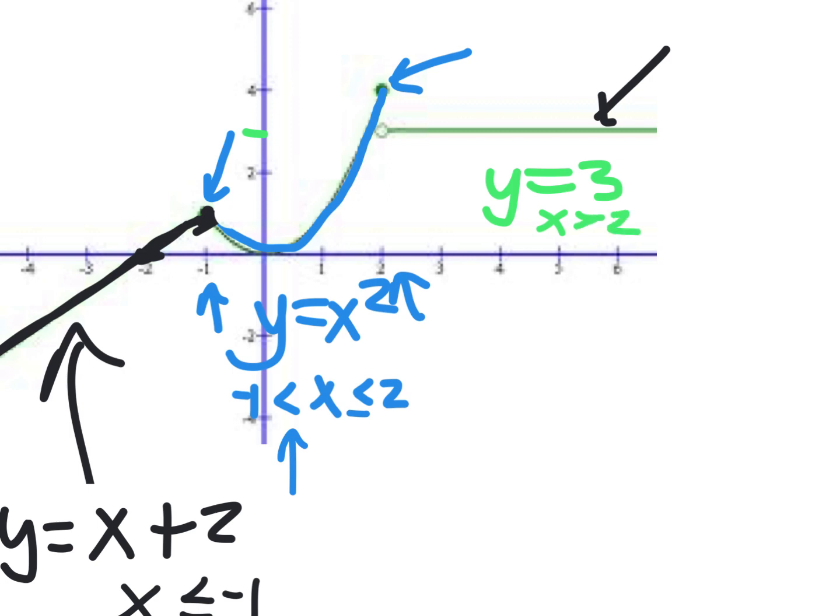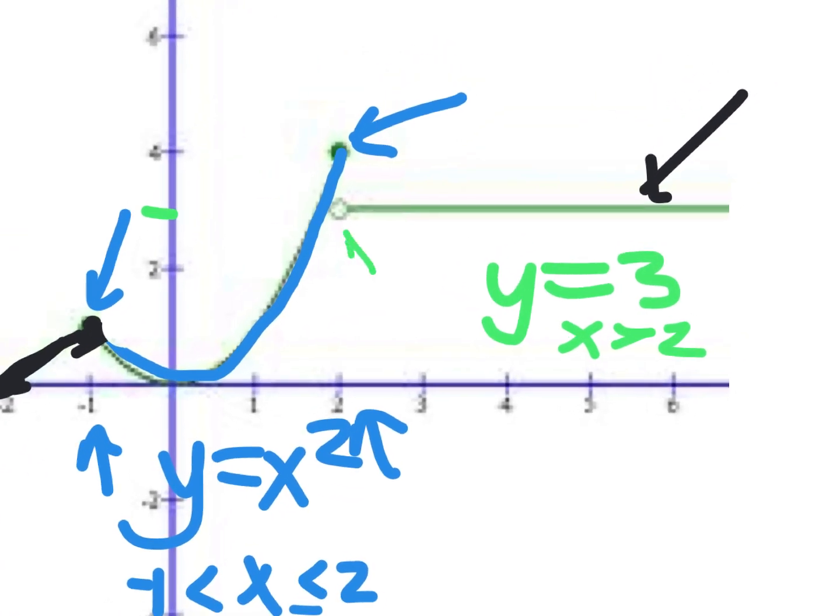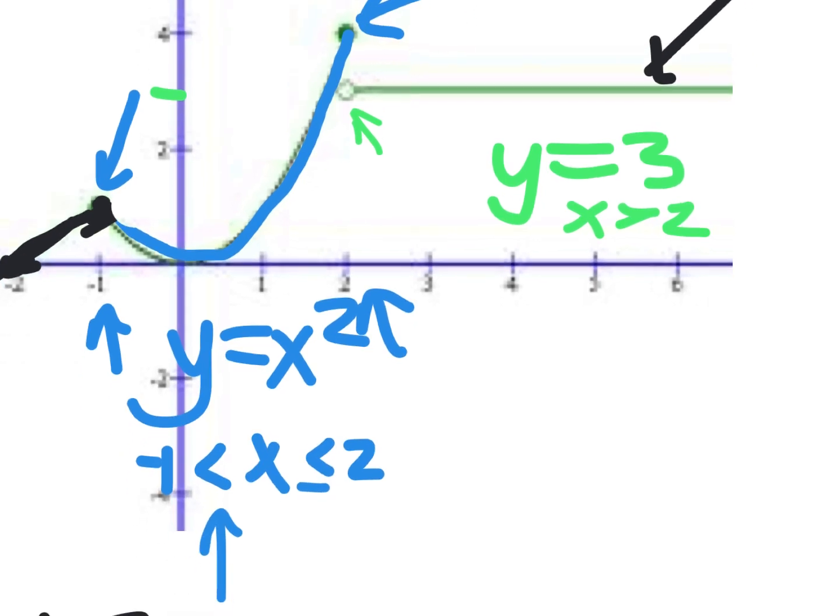Why not bigger than or equal to 2? Look, the green one doesn't own the 2. That's why I cannot put an or equals right there, because it doesn't own the 2. This one owns the 2. There are always disputes about borders and who owns what.